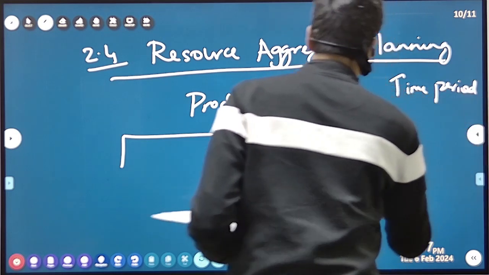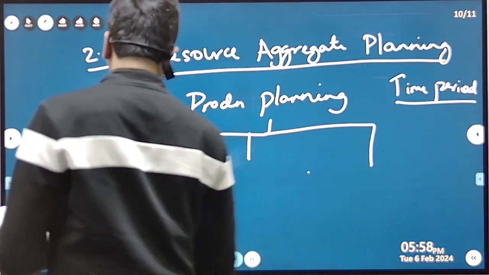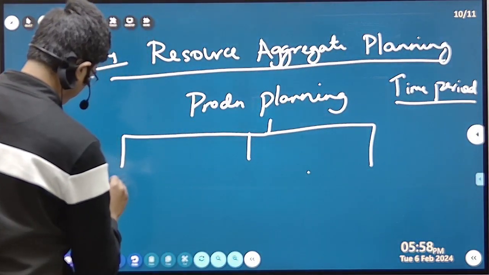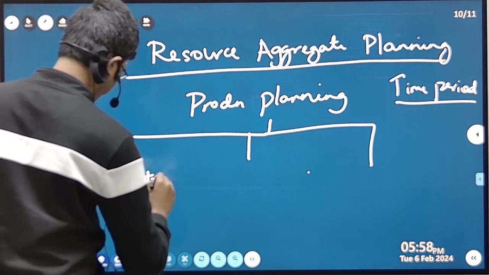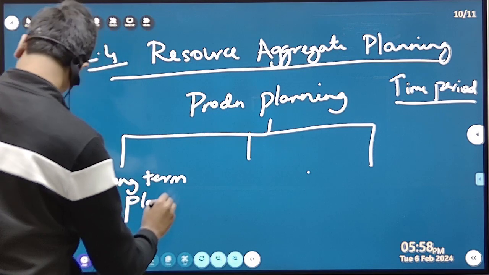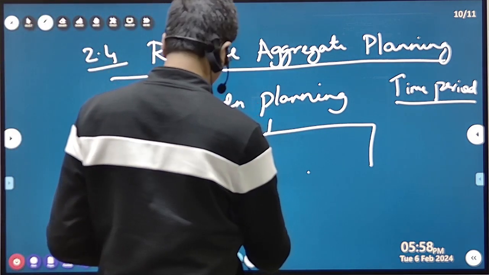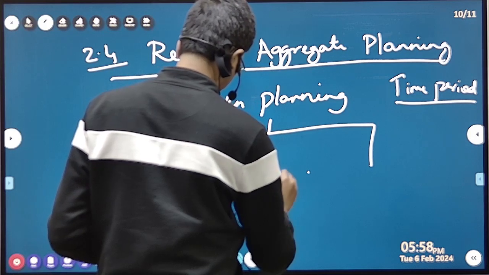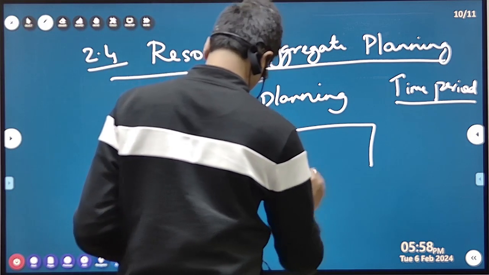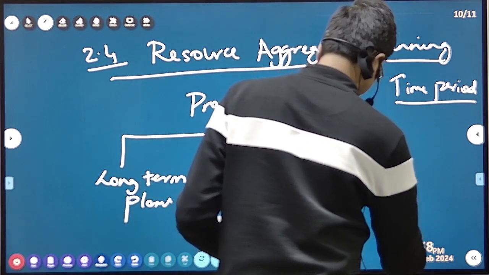So the first one is long-term planning, one is medium-term planning, right? And the last one is short-term planning.